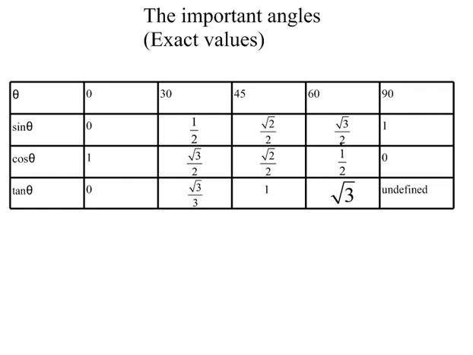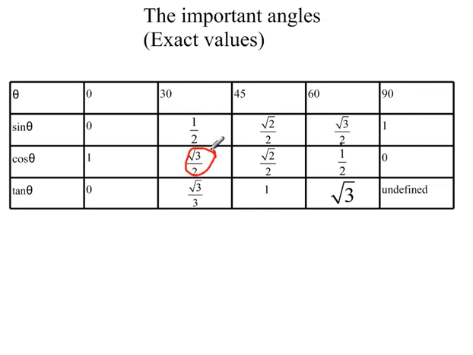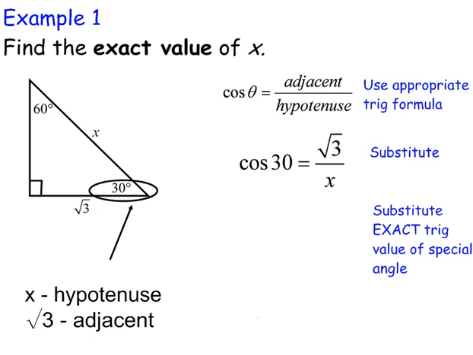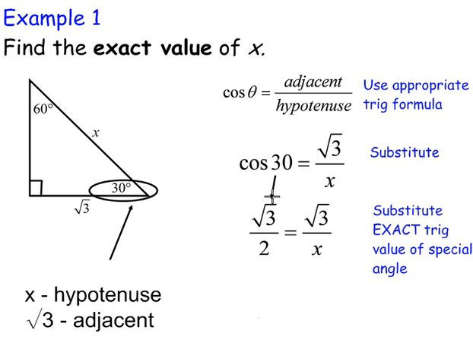The exact value of the cosine of 30 was radical 3 over 2. Let's go back to our example. So since the cosine of 30 is radical 3 over 2, I'm going to substitute that in there for the cosine of 30.